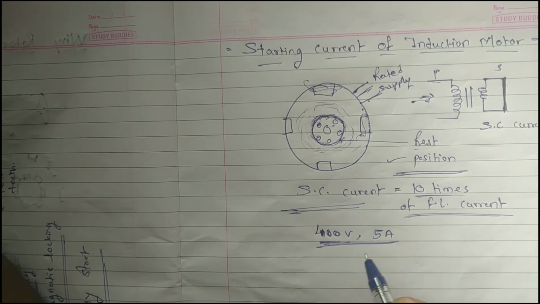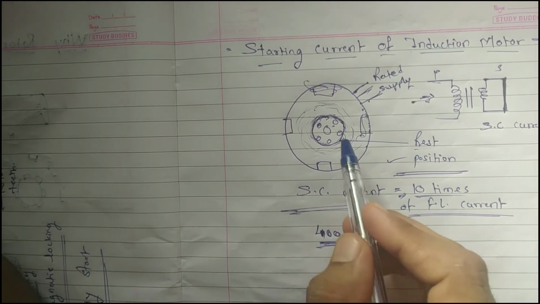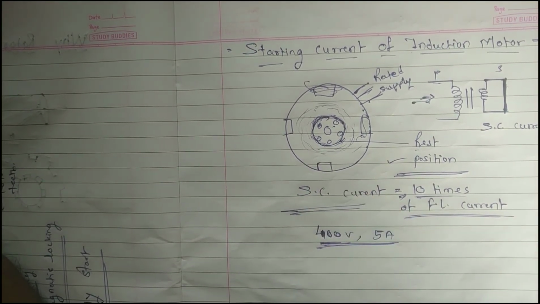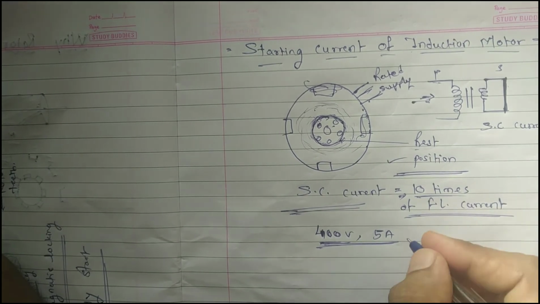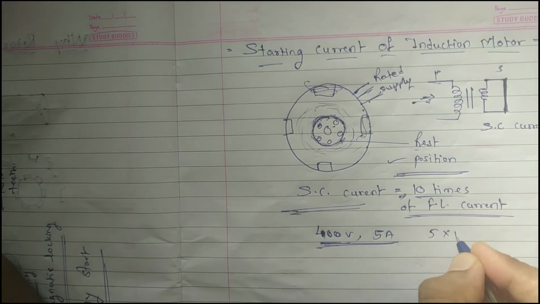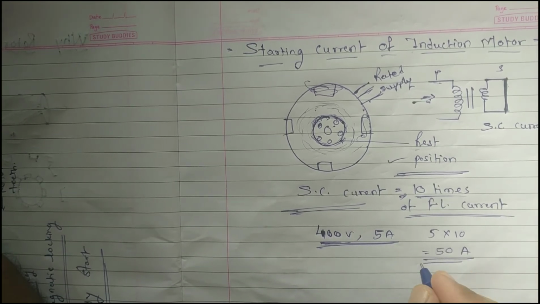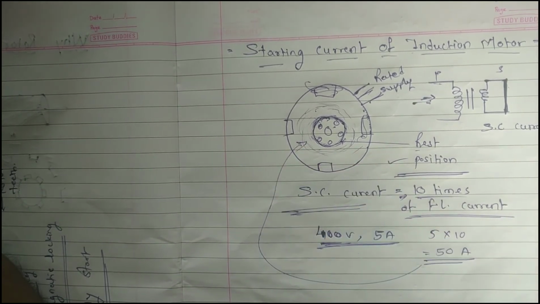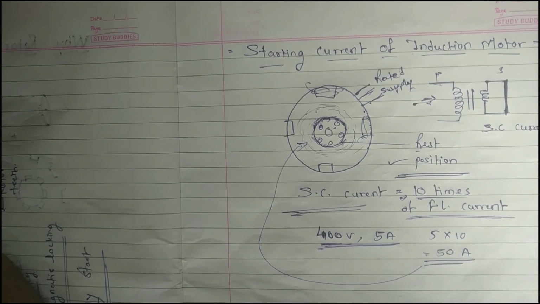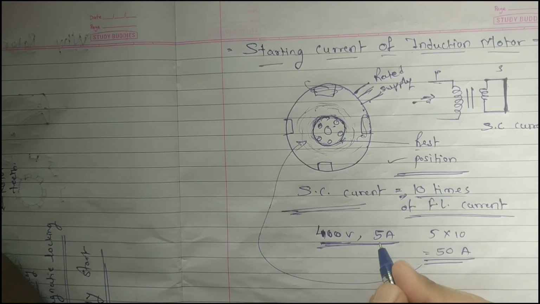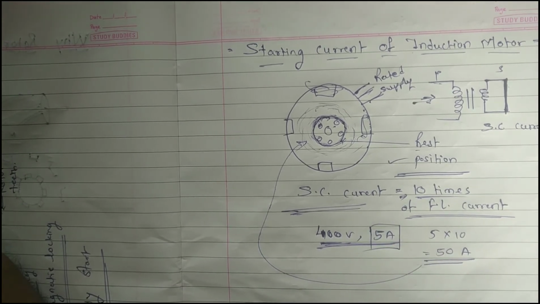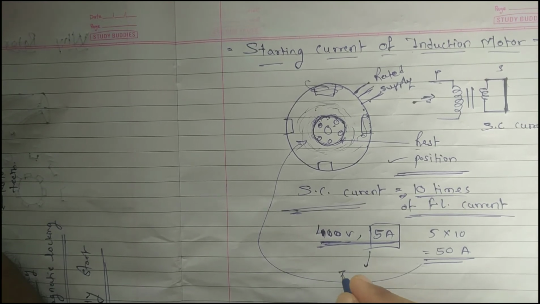What will happen? 10 times the full load current will start flowing inside your rotor conductor. 10 times means 5 into 10, so 50 ampere current will start flowing through your rotor copper bars or rotor circuit. Your motor has a rated value of 5 ampere. At most it can take 7 to 8 ampere.